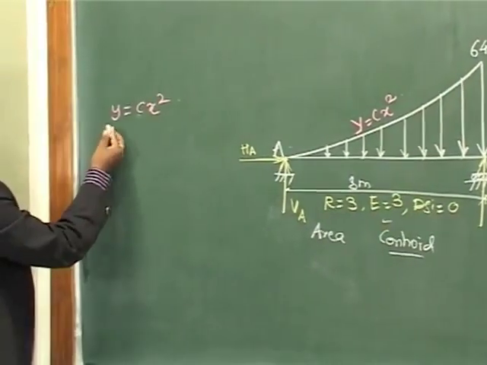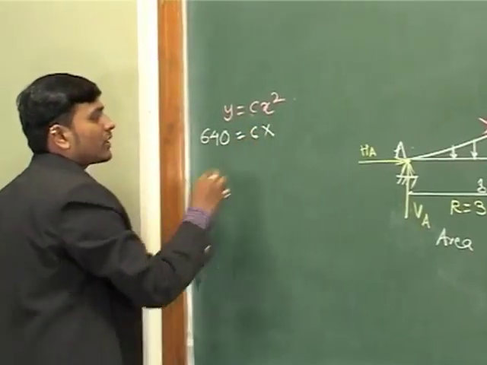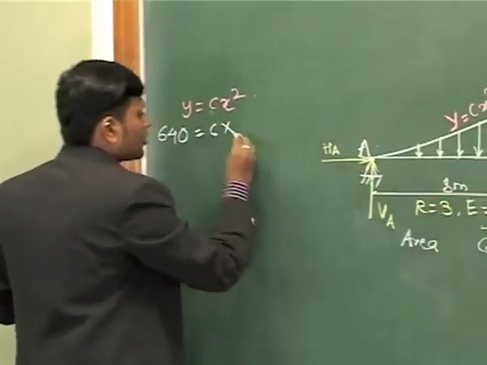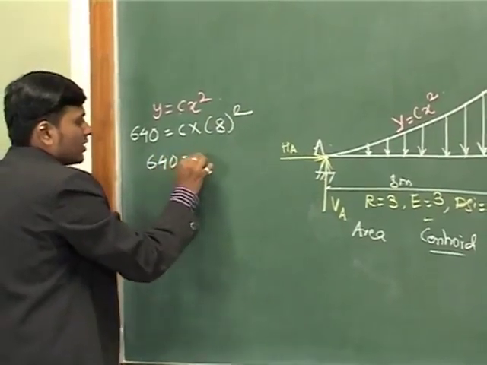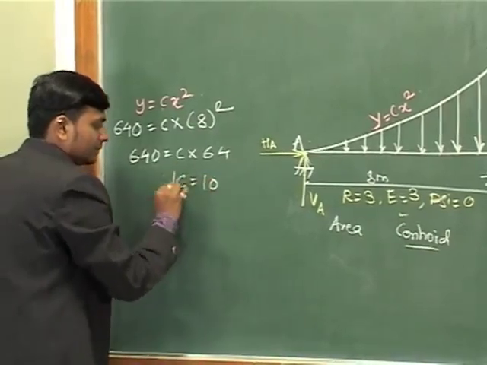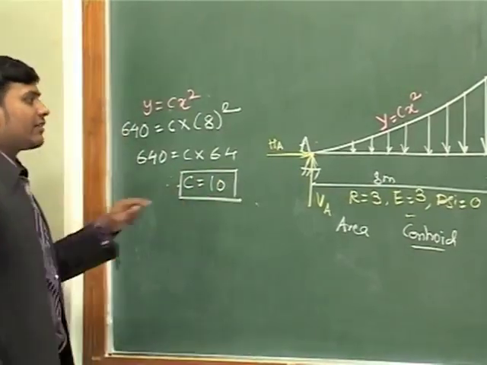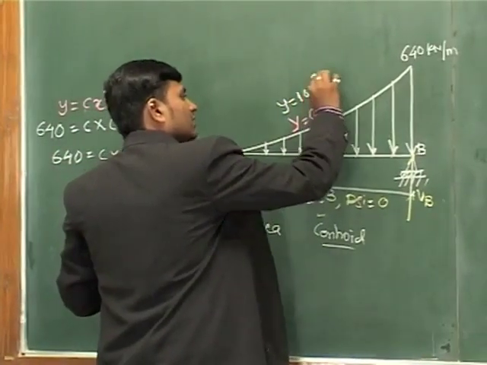Substituting, 640 equals C into 8 square, which is 64, therefore C comes out to be 10. So your equation now is y is equal to 10x square.